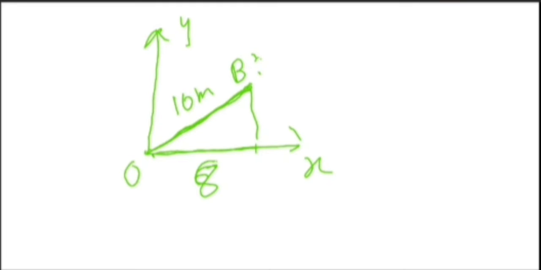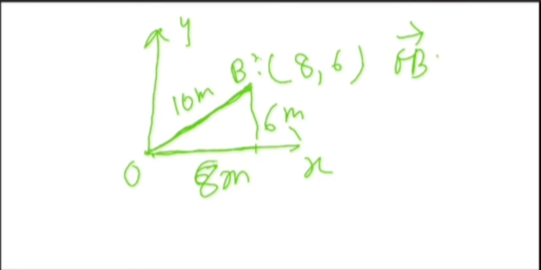In other words, the particle is 8 meter away in the x-axis and 6 meter away in the y-axis. So the coordinate of the particle is 8, 6, and OB is the distance of the particle from origin.